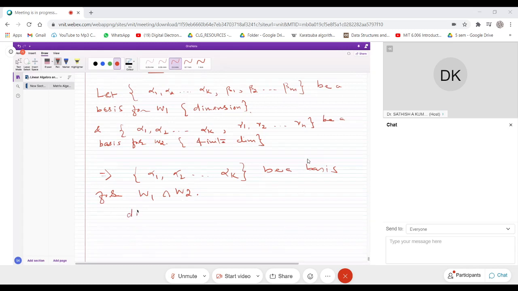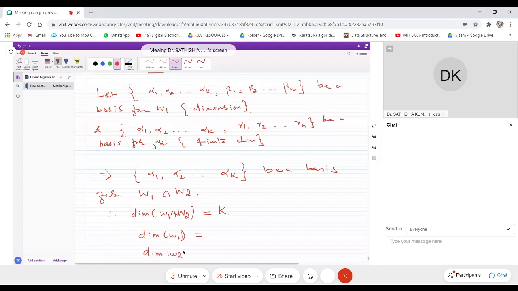Therefore, the dimension of W1 intersection W2 is just k, because there are only k entries, alpha 1 to alpha k. By the previous observations about the bases of W1 and W2, I can also write separately the dimension of W1, and also the dimension of W2.